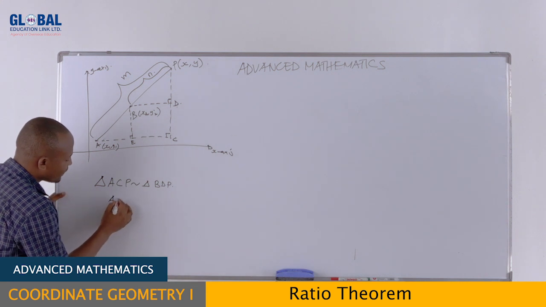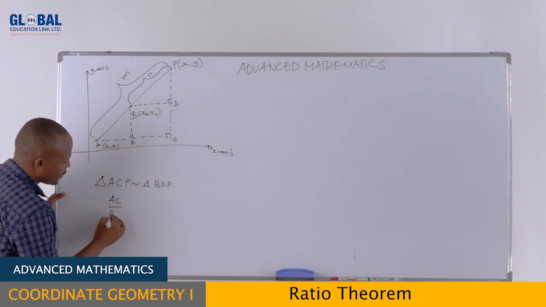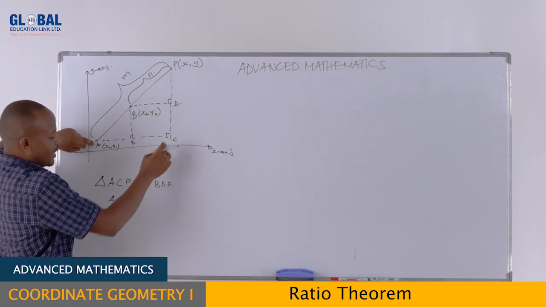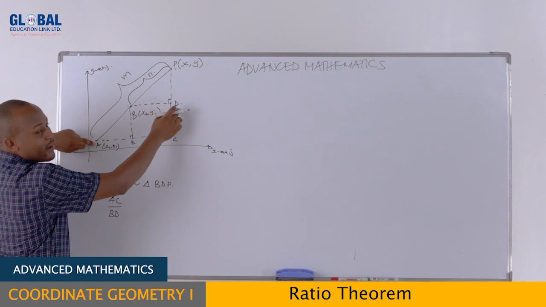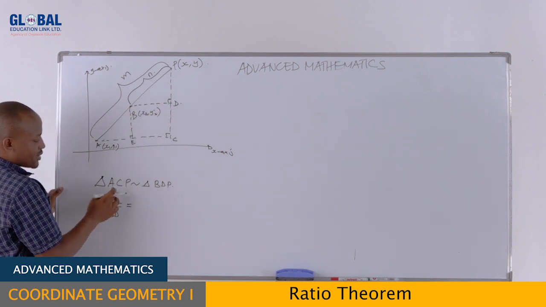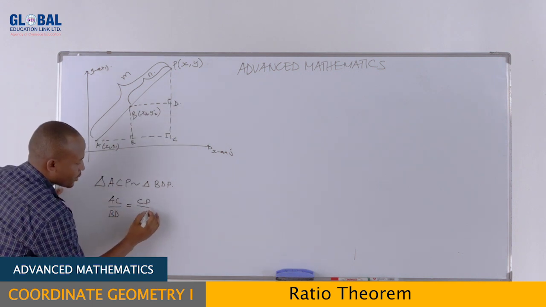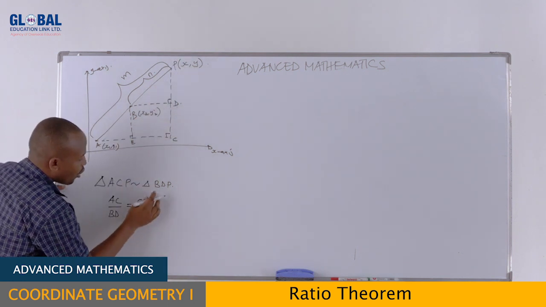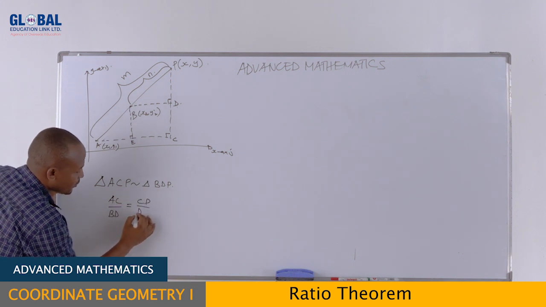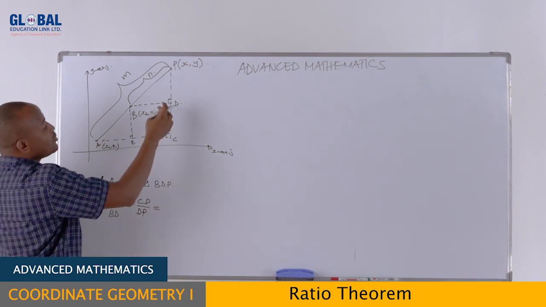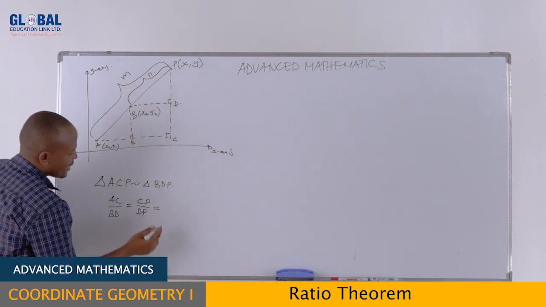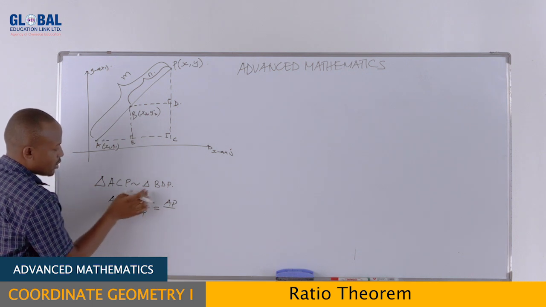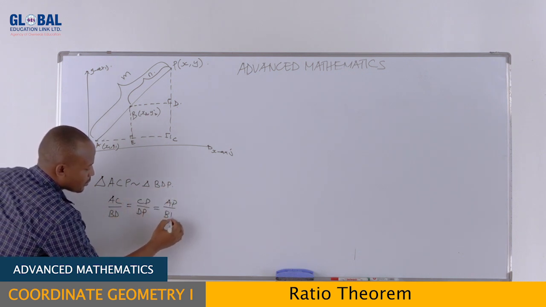That is to say, AC over BD, from there to there, is equal to CP over DP, and also AP over BP.